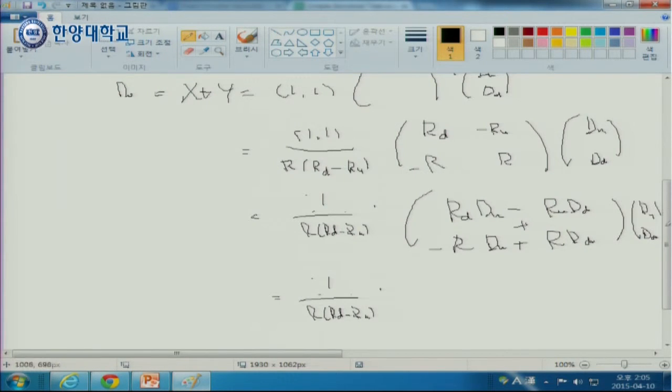UD, right? So no. Actually, sorry, I already multiplied this, so I don't need this part.